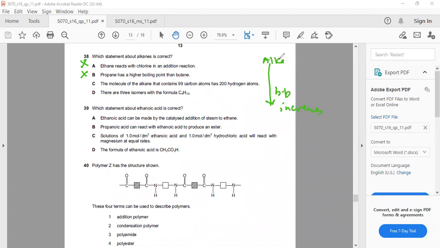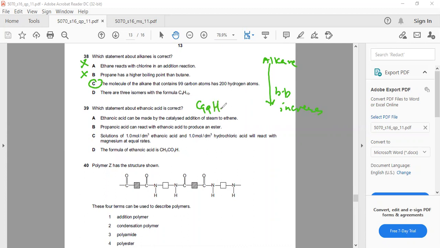Alkane, alkene, both. So a molecule of the alkane that contains 99 carbon atoms has 200 hydrogen atoms. There are 3 isomers. Number 38. If you do this one, look, 200 hydrogen atoms. How do you know?